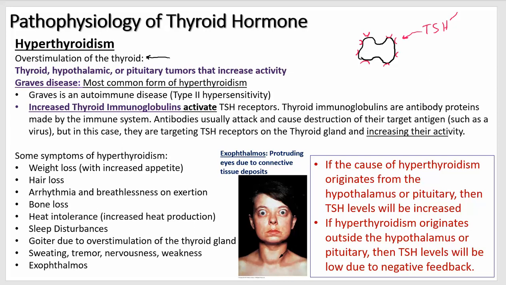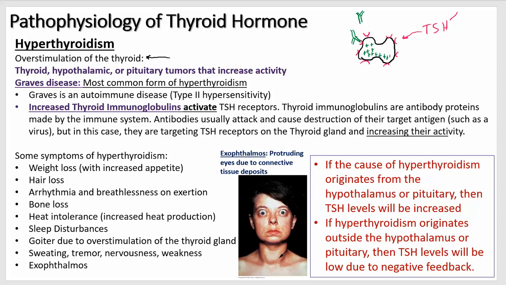Now, what happens in Graves' disease is that it's autoimmune, so the body starts producing antibodies against these thyroid stimulating hormone receptors. But instead of killing them, which is usually what antibodies do, it activates them and it increases function.